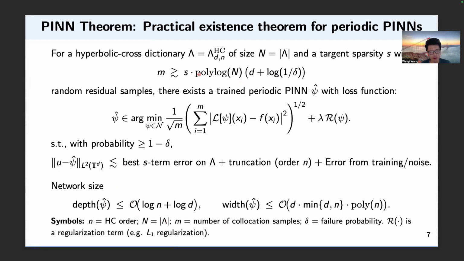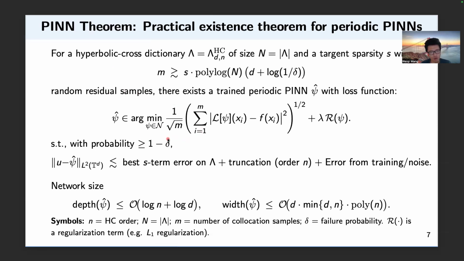And polylog n means a polynomial of log n, which is independent of the dimension d, which grows slowly, and delta here is a success chance. Yeah, I mean, since our samples are chosen randomly, we still have a probability to fail. And then actually delta is a small one, the small failure probability.